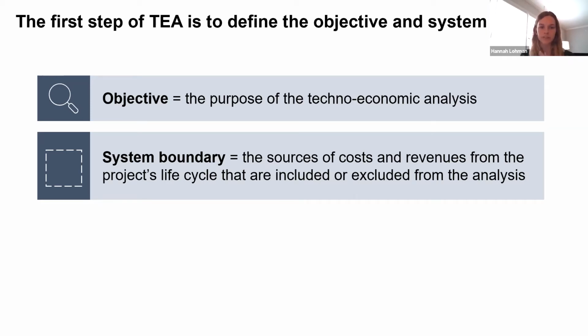So you would be including construction and use, but you would exclude the end of life. And then choosing your costs and revenues. You have to think about what costs and revenues are included in those phases, what will make an impact. Maybe there's certain aspects that really have marginal costs and you don't think that they will really play a role in your decision. So you have to choose what you want to include and exclude.